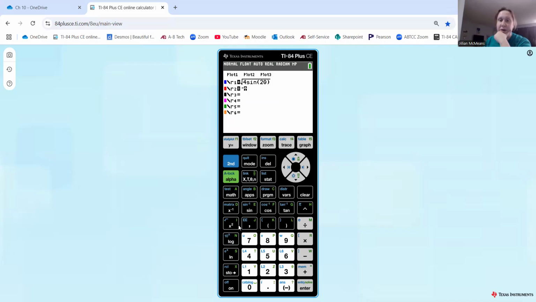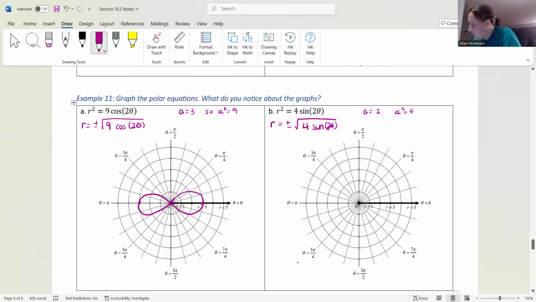Negative square root 4 sine 2 theta. And there we have it. We have this cute, adorable little propeller. It is in quadrants 1 and 3, and it goes through the pole.